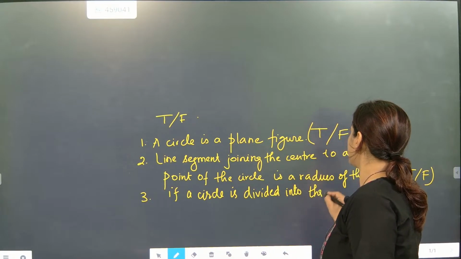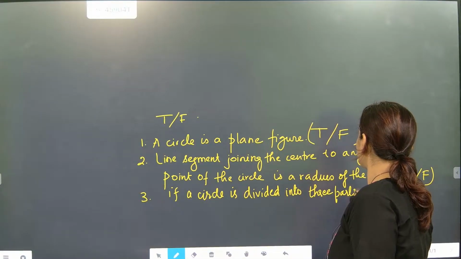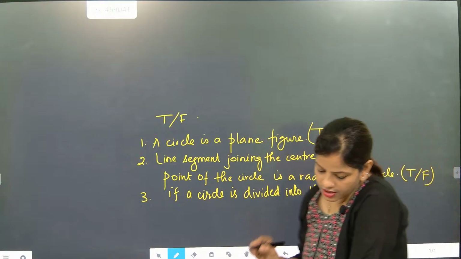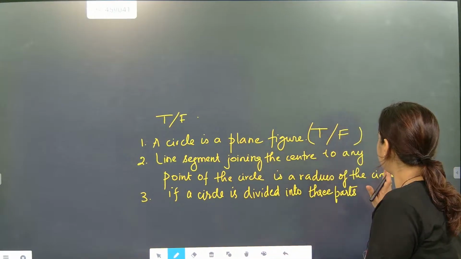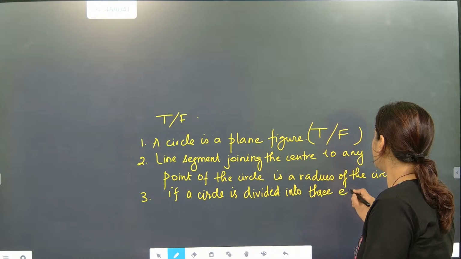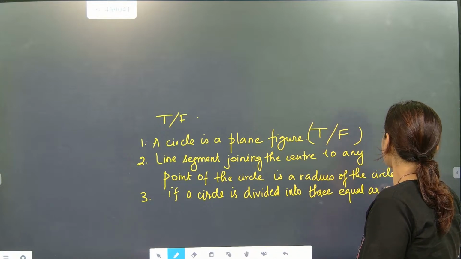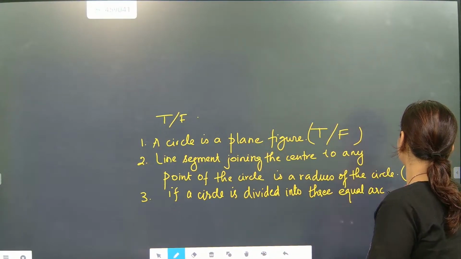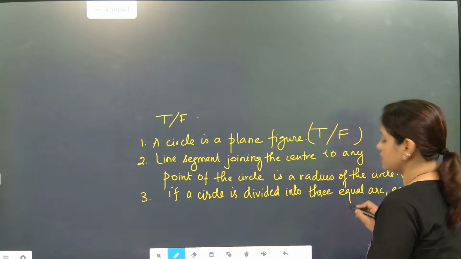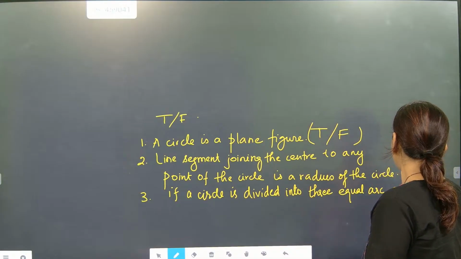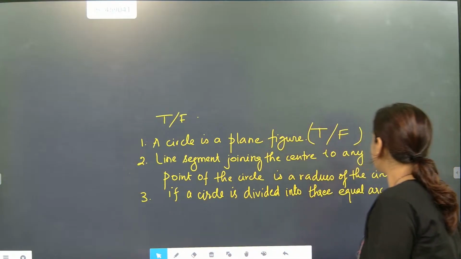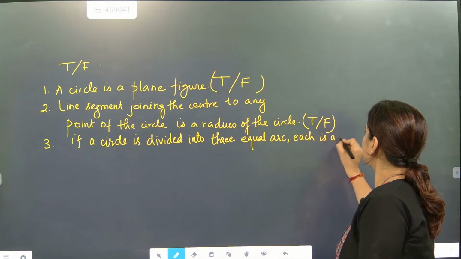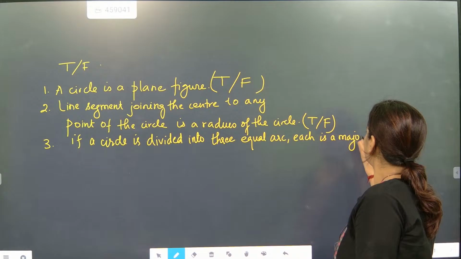If a circle is divided into three equal arcs, each is a major arc. True or false?